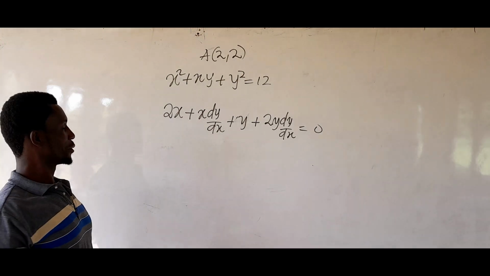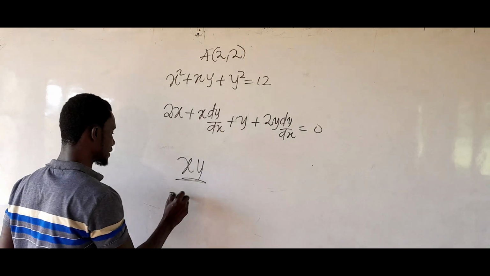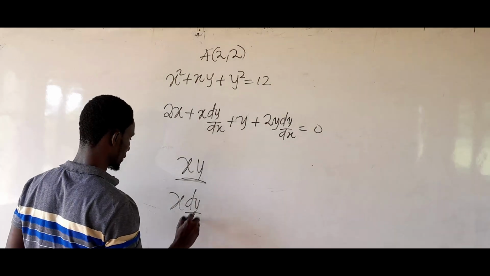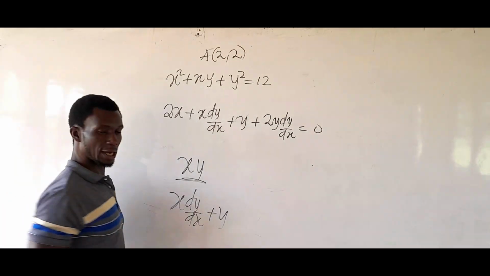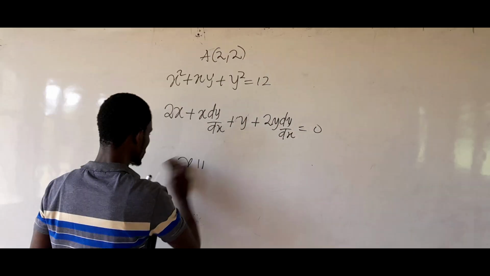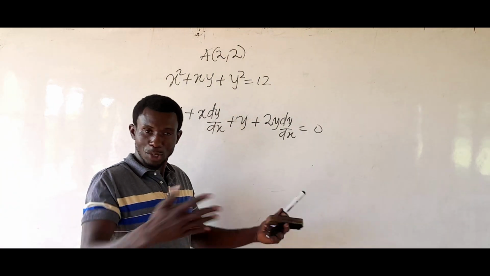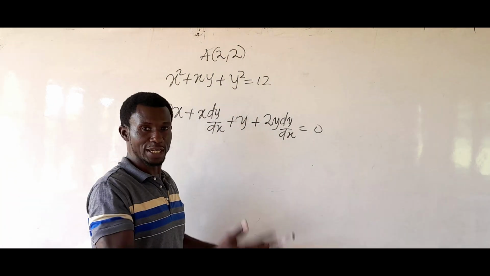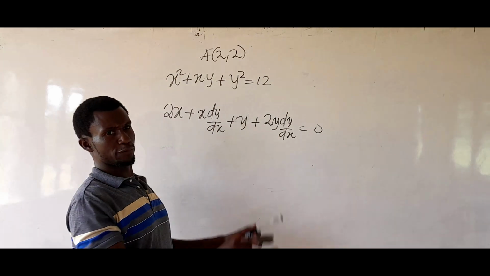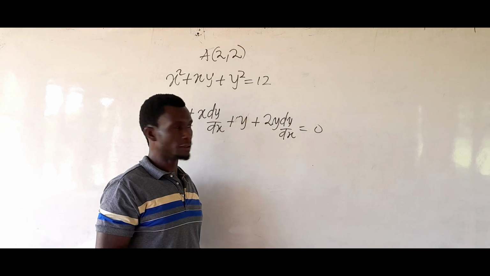But you see that if you have xy and you want to differentiate it, it is x dy dx plus y. That is how it's supposed to be. Because if you maintain x, you differentiate y, which gives you 1, then you multiply by dy dx.